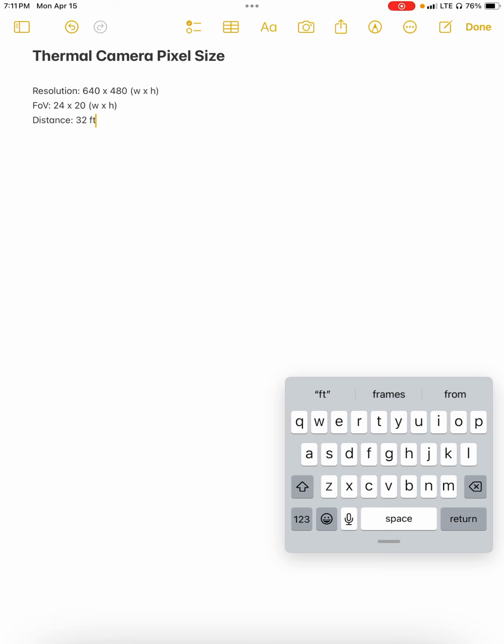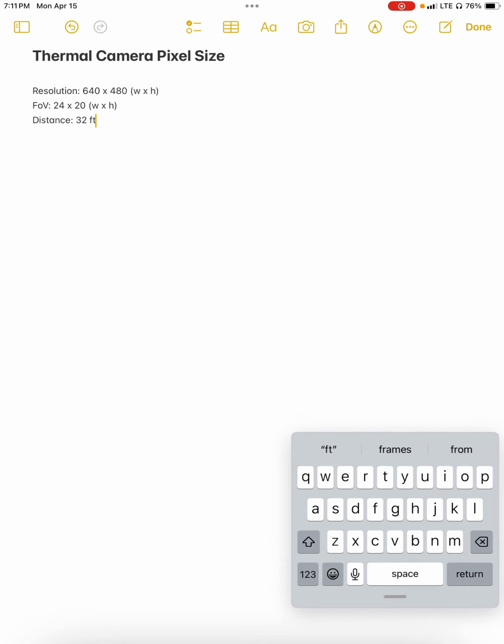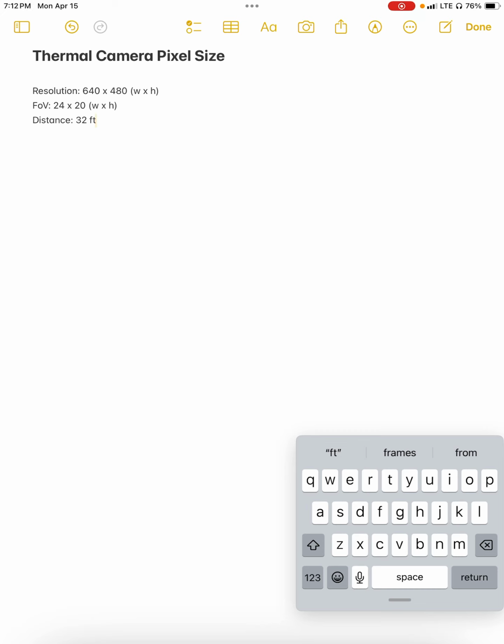Now, one thing to point out is that the first thing we need to look at is our ratios, because down the line, we're going to need to know whether a pixel is going to project square or rectangular on the surface. In the case of the resolution of our sensor, this is a pretty standard 4:3 resolution.